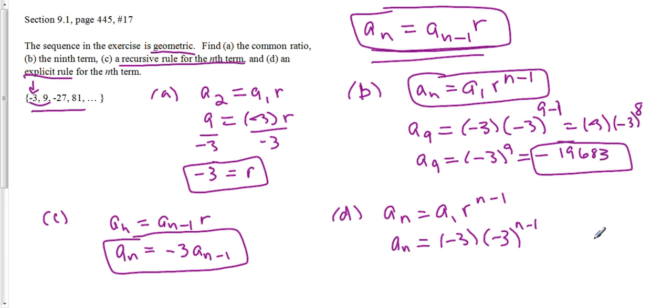Just like we had before, we've got the same base, -3. So I've got -3 to the 1, and I've got -3 to the n minus 1, which means I can add those exponents together, and I get a_n is equal to -3 to the n. And that is how I can generate any term in this sequence without knowing the term before it.